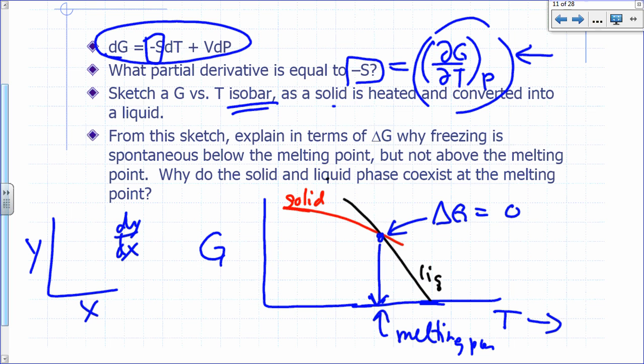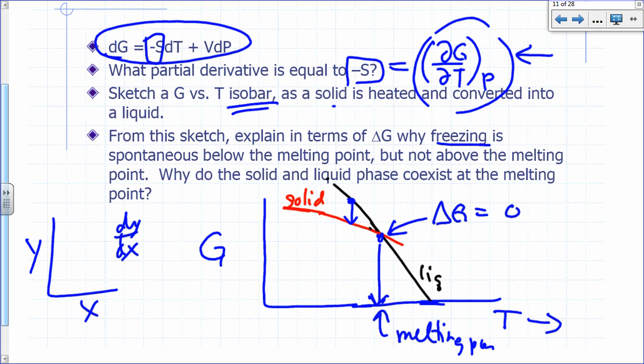Right. What happens below the melting point? What's delta G in going from liquid, okay, we're talking about freezing, right? So freezing means going from liquid to solid. So now I want to go from liquid, which is the black curve, to solid, which is the red curve.